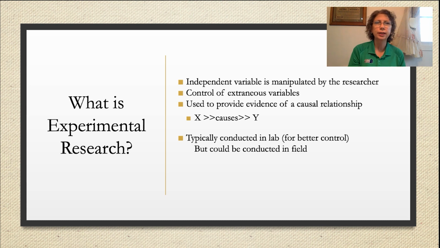The second rule is controlling for extraneous variables. What is an extraneous variable? Pretty much anything that's not the IV or DV. Anything that's not the independent variable or dependent variable is an extraneous variable. Sometimes they're no big deal and aren't impacting our ability to look at the relationship between the IV and the DV.